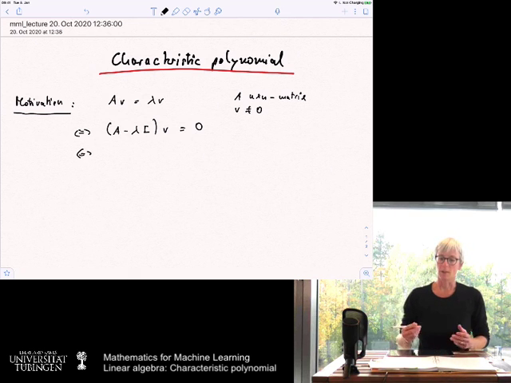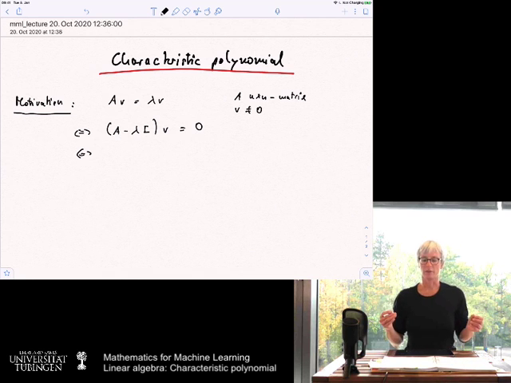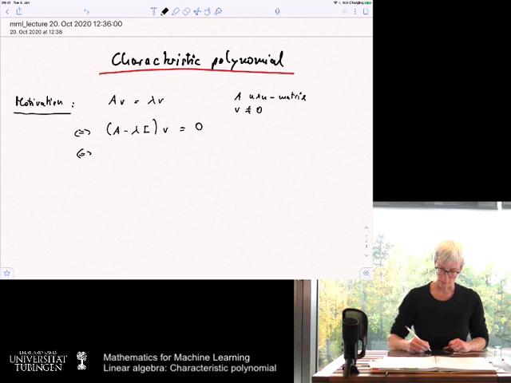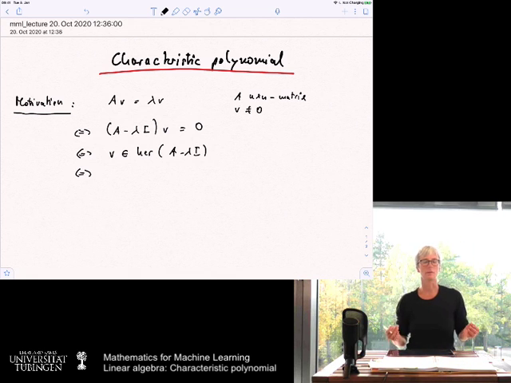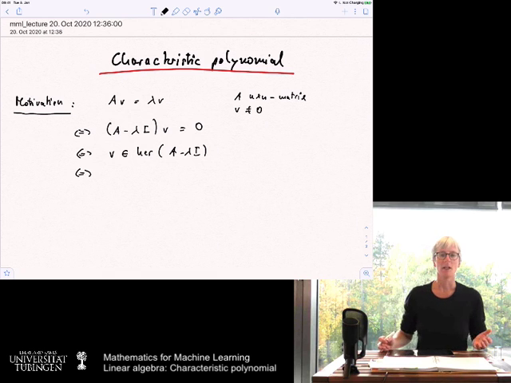And this we can now describe as saying, there's this vector v, which is not the zero vector, which is in the kernel of this linear map. So v is in the kernel of A minus lambda identity. And so if there's a non-trivial vector, not a zero vector, which is in the kernel of a linear mapping, we know that the rank of the corresponding matrix needs to be small, smaller than n.